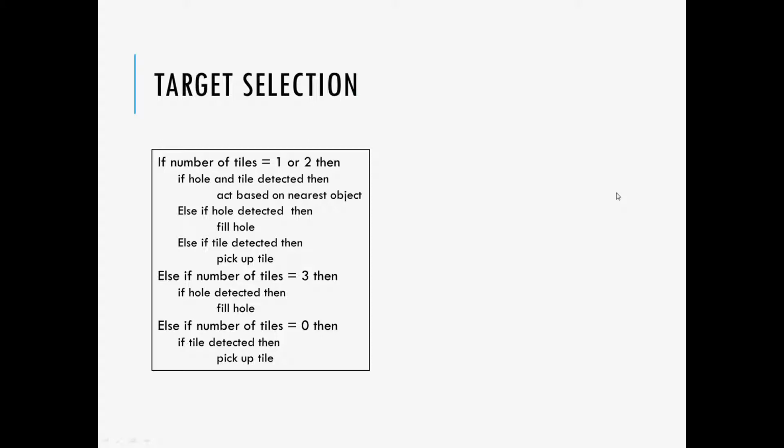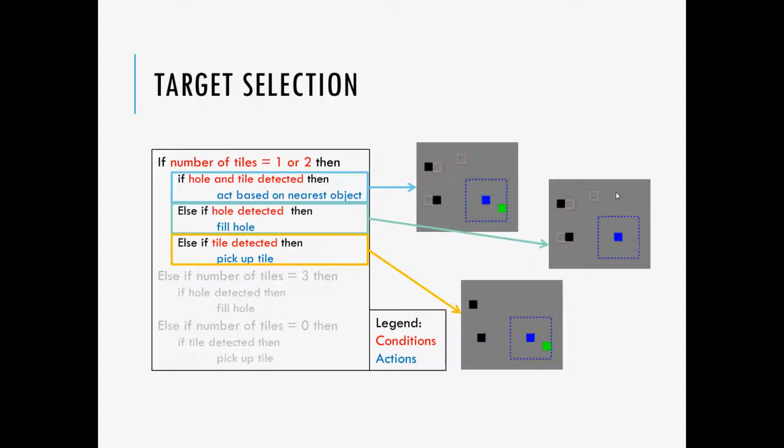Based on those factors, the agent can now select the target based on the following conditions. In the first scenario, the agent is carrying 1 or 2 tiles, and if a hole or a tile has been detected by the agent, it will do a distance comparison and proceed to the closest object. In this case, the agent will go to the tile as it is closer.